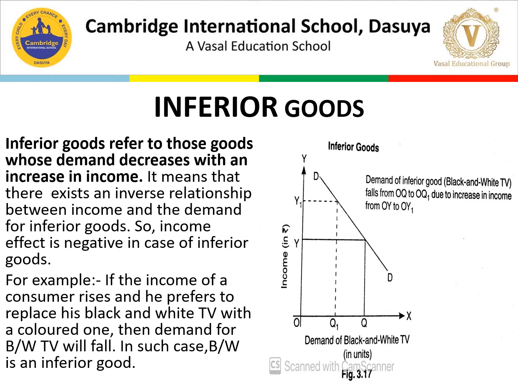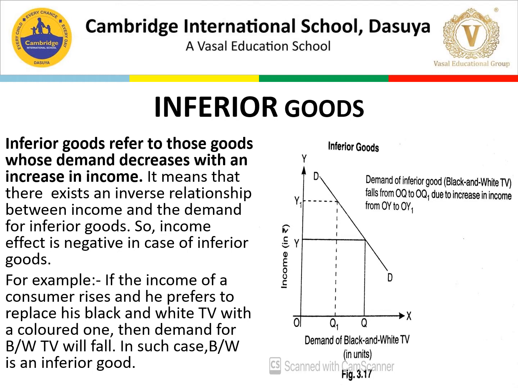So for example, if the income of a consumer rises and he prefers to replace his black and white TV with a color TV, then demand for black and white TV will fall. In such a case, black and white TV is an inferior good because it is already obsolete. Obsolete means the technology is already outdated, okay?